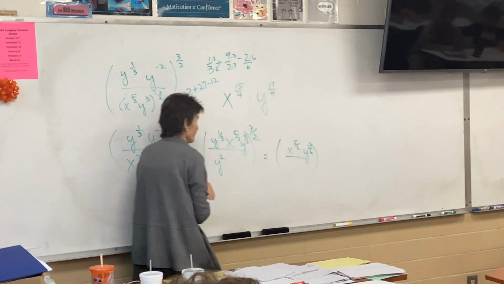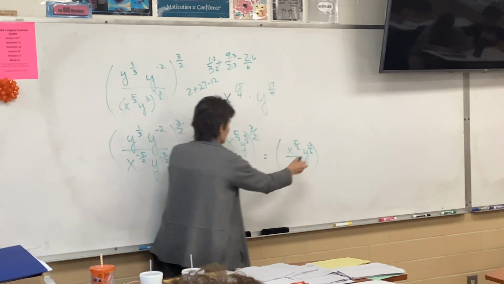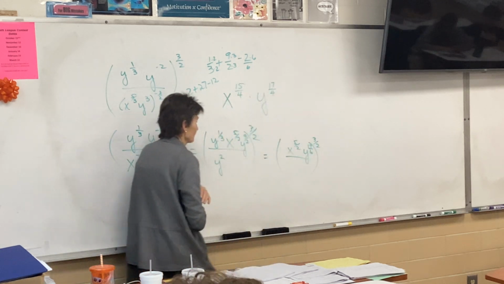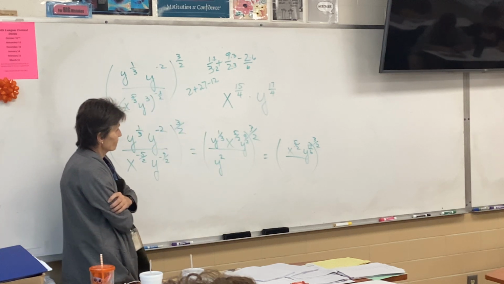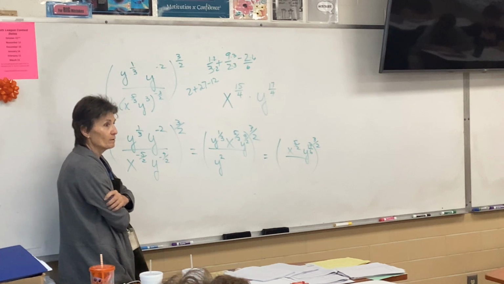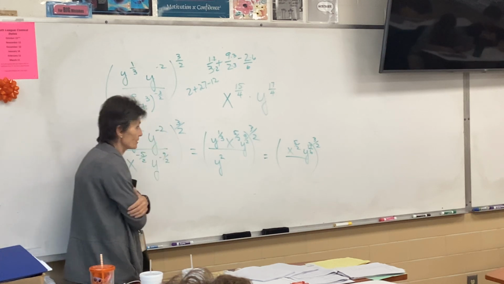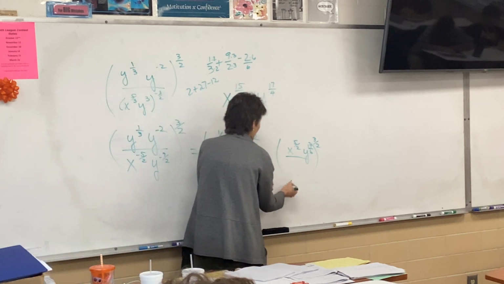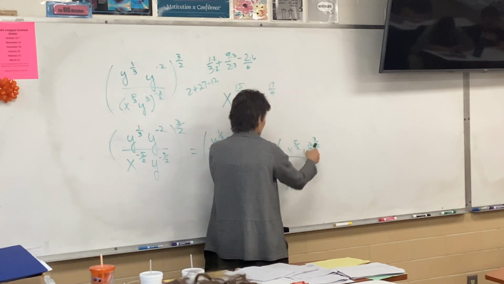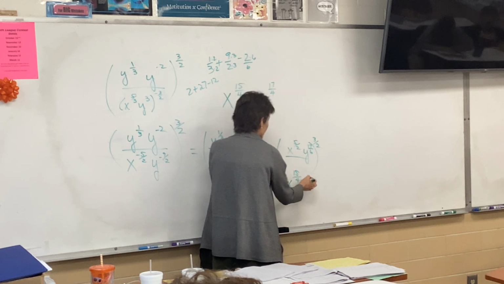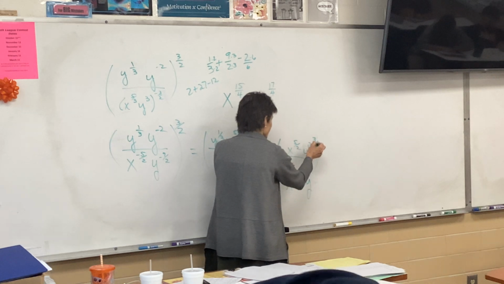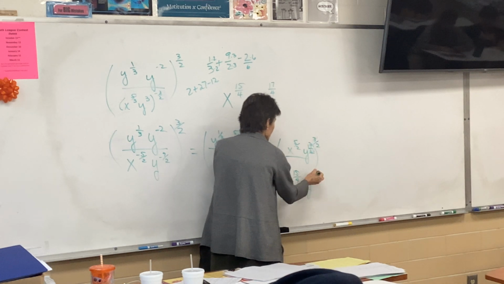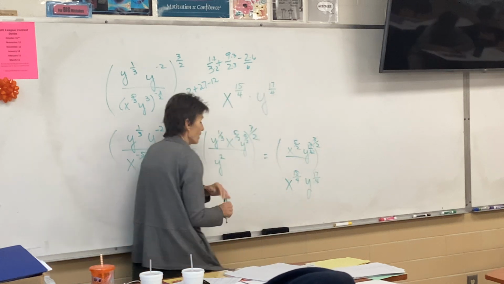I don't have anything left in the bottom. Still 2 3. Everybody still with me? So now we'll just take care of that 3/2. And that's how he got x to the 15/4 and y to the 17/4, this is gonna cancel. Perfect, good job, Cole.